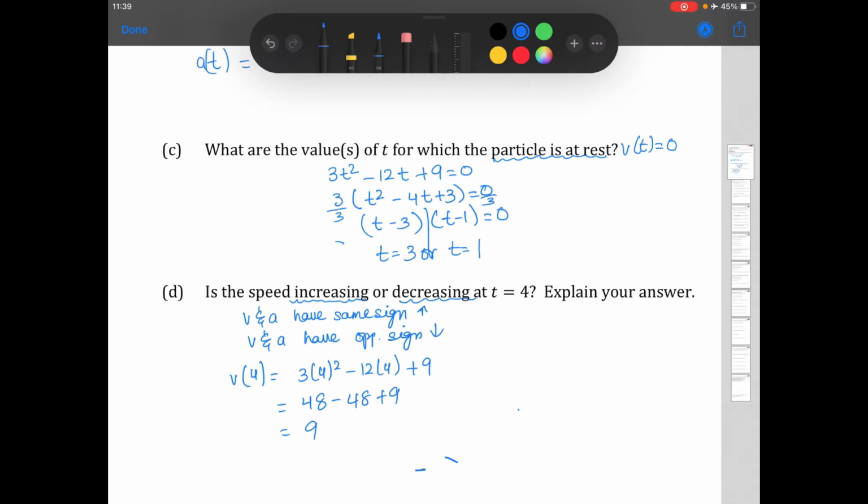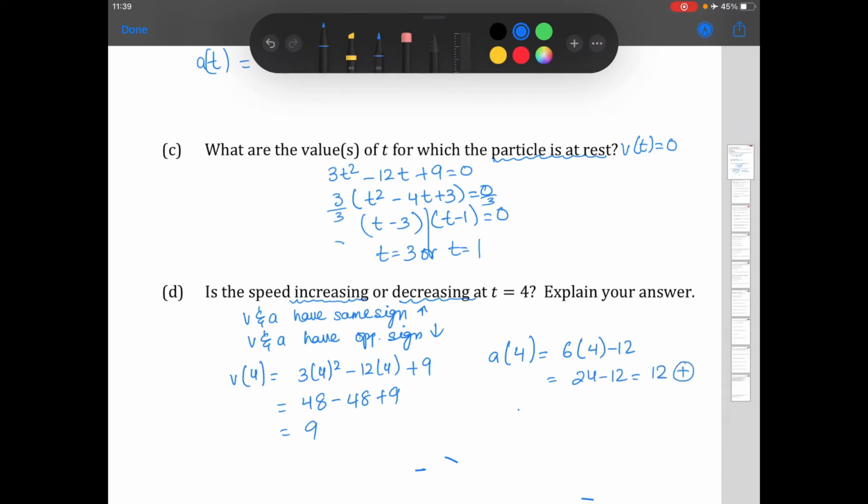Which is what? Positive. So velocity is positive. I'm going to do the same thing for my acceleration at 4, and I'm going to use the equation that I found for acceleration, which is 6 times 4 minus 12, right? 6 times 4 is 24 minus 12, which is also positive.